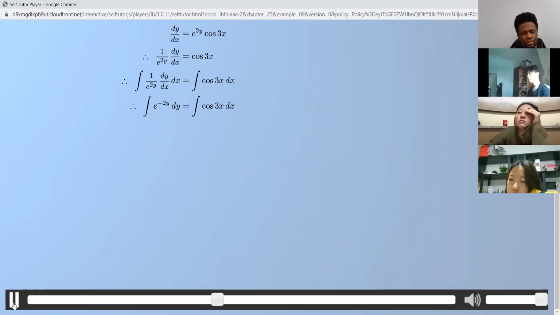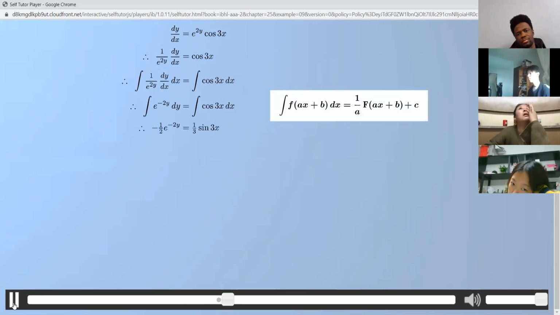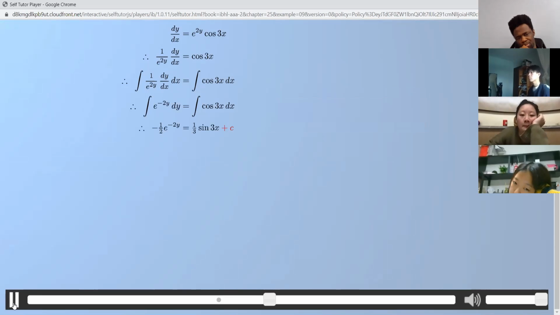We now perform the integration on each side, using the rule for integrating the composition of a function with a linear function. We add a constant of integration on one side. To make y the subject, we multiply both sides by -2.